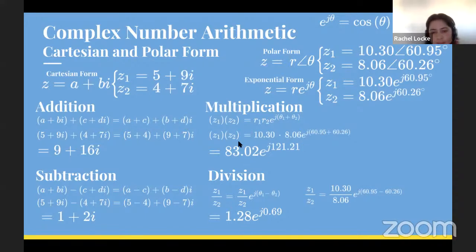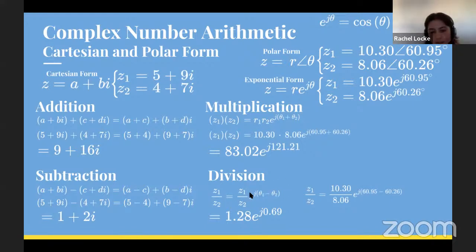And we're left with this rather confusing looking number, which in the first half before the e is the resulting magnitude of the multiplication. And in the exponent of the e, we have the complex variable j, and then we have our resulting angle, which is 121.21. Then in terms of division, we can divide the radiuses and subtract the angles.